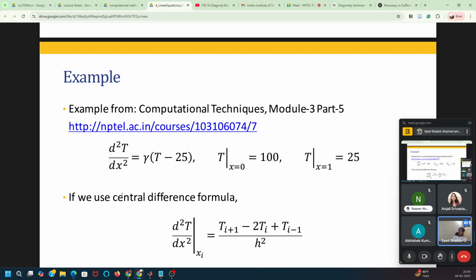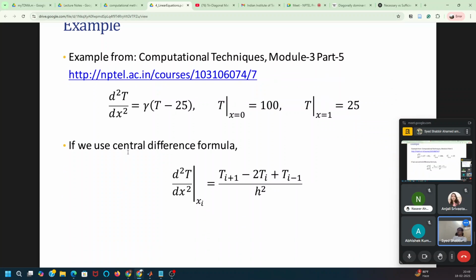But if you have a very complicated equation for which doing the integration and getting a solution is not possible, then you can resort to this central difference formula, or a lot of other techniques, to get the solution.